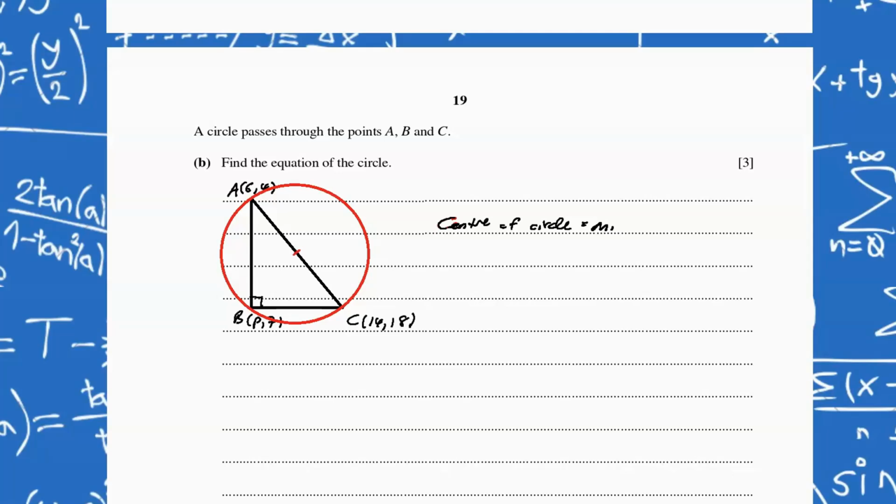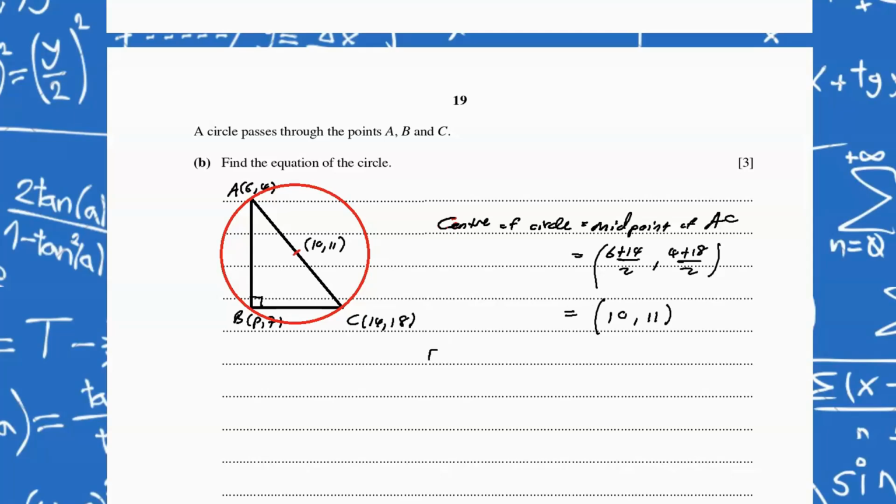The center equals the midpoint of AC, and that's adding the x coordinates, that's 6 plus 14 over 2, and the y coordinates 4 plus 18 over 2. 20 over 2 is 10, and 22 over 2 is 11. So the center is 10, 11.